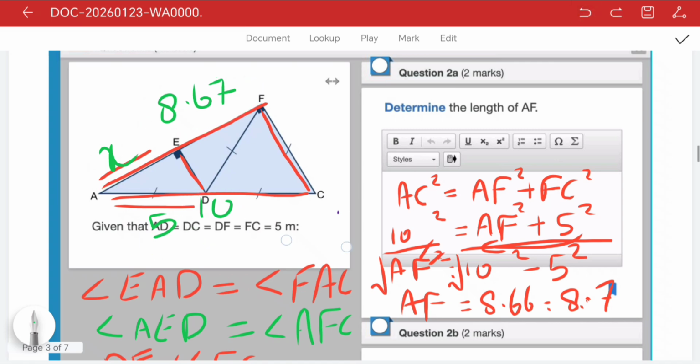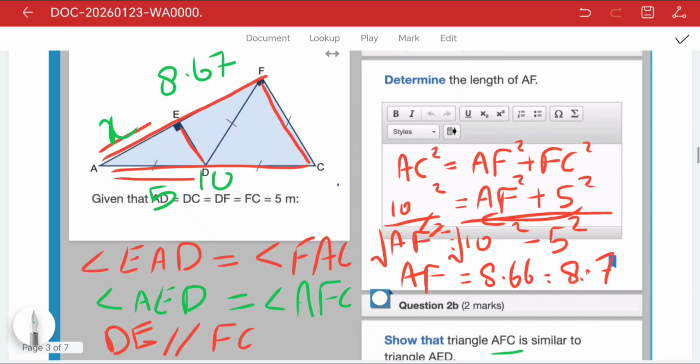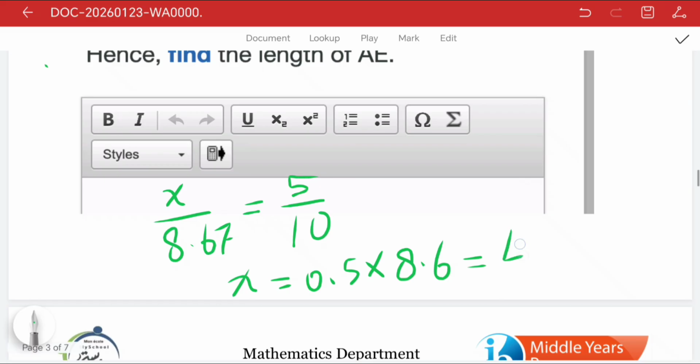So what will we write? x over 8.67 equals 5 over 10, and x equals 0.5, because 5 divided by 10 is 0.5, multiplied by 8.67, which is equal to 4.3 something or 4.35. This is our answer.